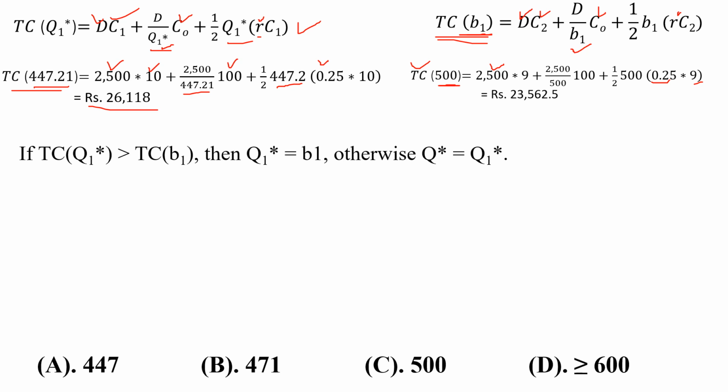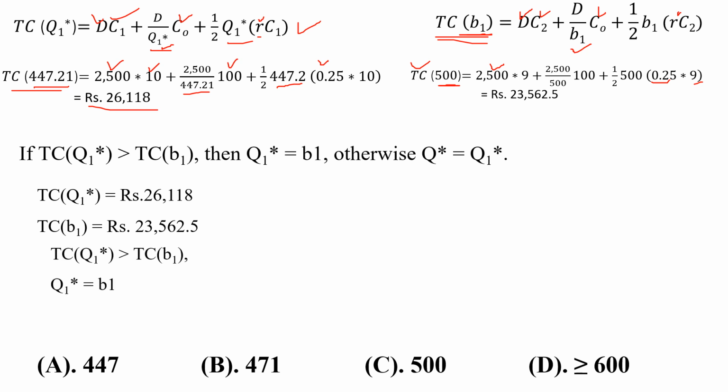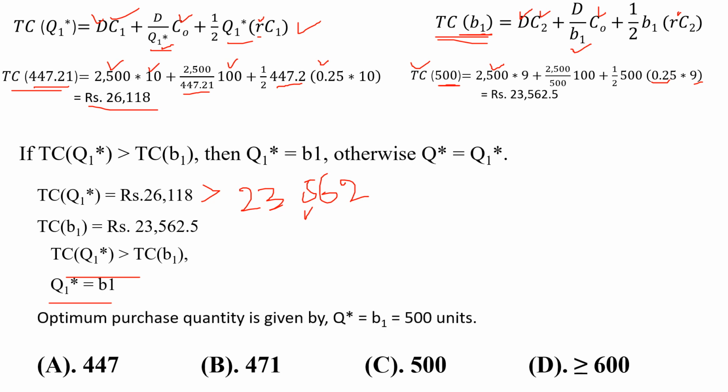Here 26,118 is greater than 23,562.5, so the optimal order quantity is B1, that is 500. So option C is correct. Thank you.